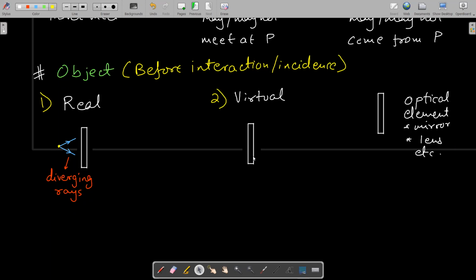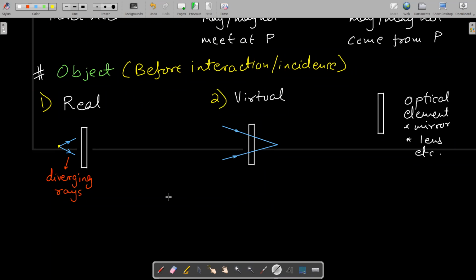virtual object क्या रहेगा? We can imagine that there are two light rays that was supposed to meet, but वो meet करने से पहले ही कौन आ गया?